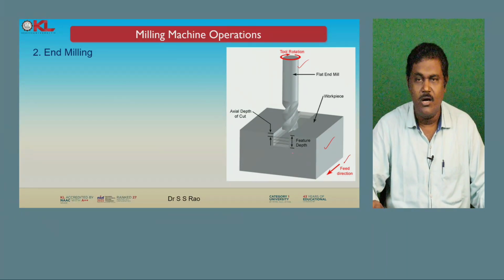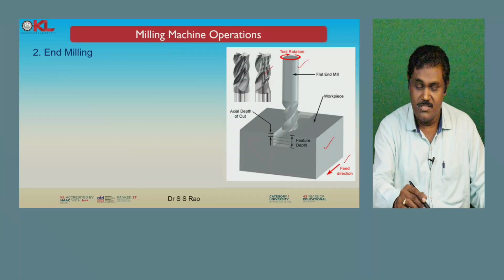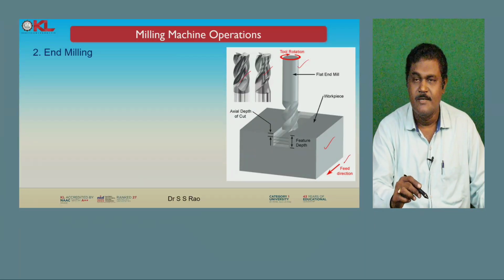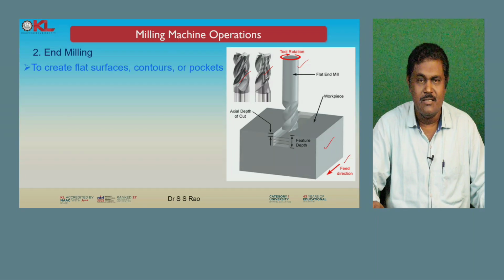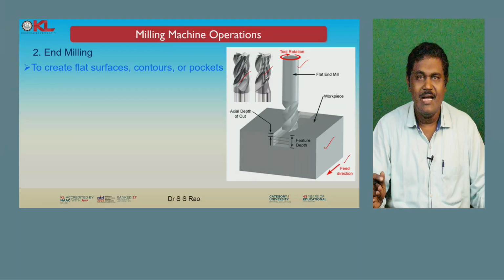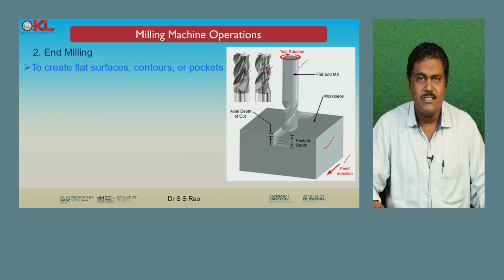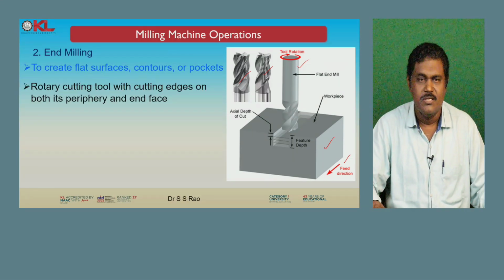Now you can see how the end mills look. You can observe these two are the end milling cutters, and they are used to cut in both directions. Mainly the end milling operation is used to create flat surfaces, contours, and pockets. It is a rotary cutting tool with cutting edges on both its periphery and end face.